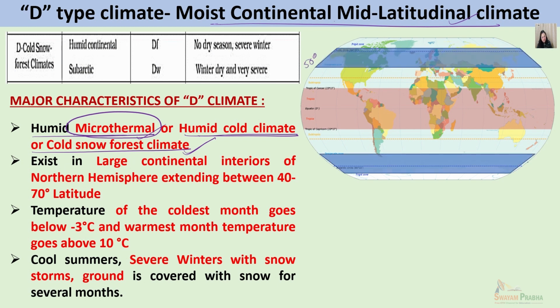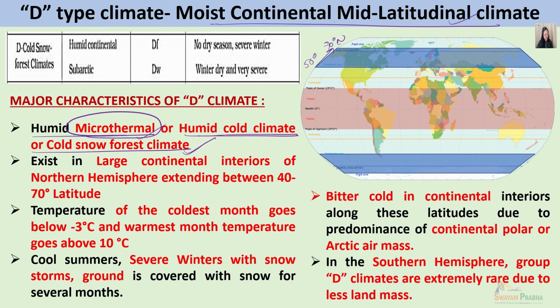And D type of climate extends prominently between 50 to 70-degree latitudes in both the hemispheres. The main characteristic of this particular type of climatic region is that they prominently exist in large continental interiors of the northern hemisphere extending between 40 to 70-degree latitude. Why northern hemisphere? Because in these particular latitudes, in temperate latitudes, the land area in southern hemisphere is almost negligible.